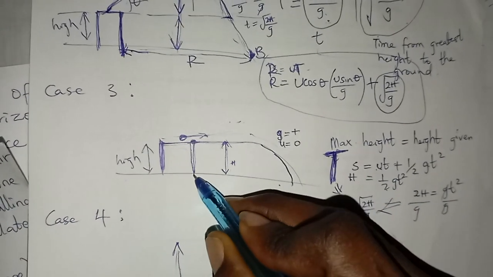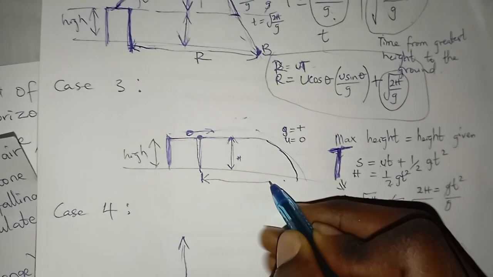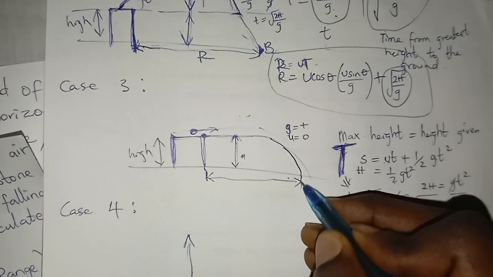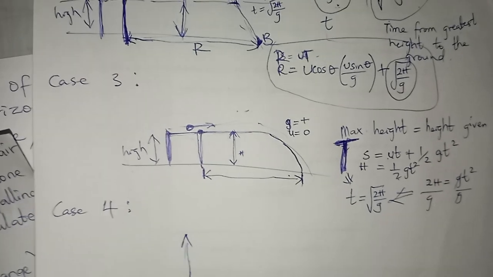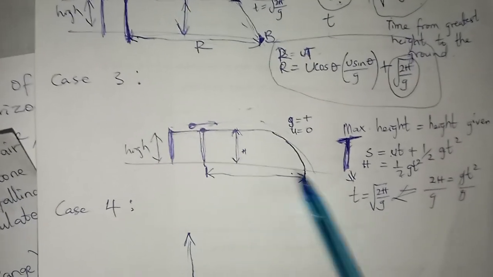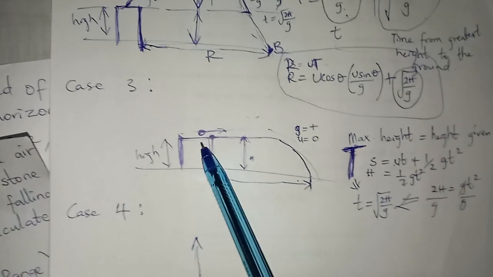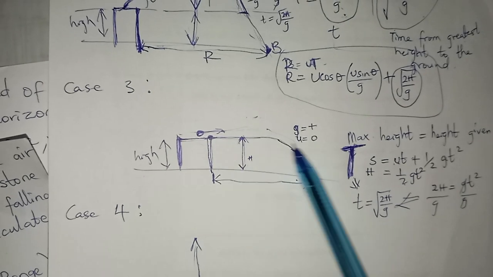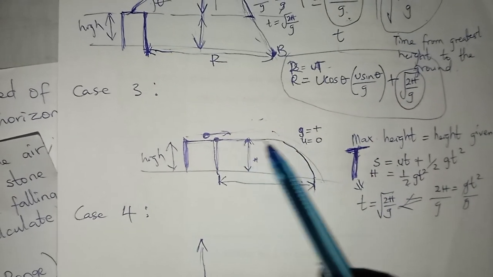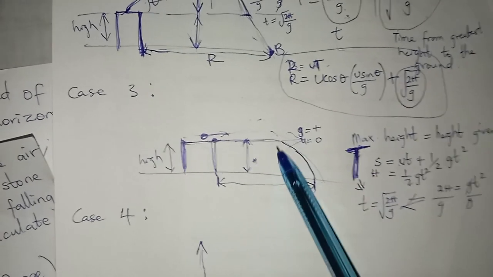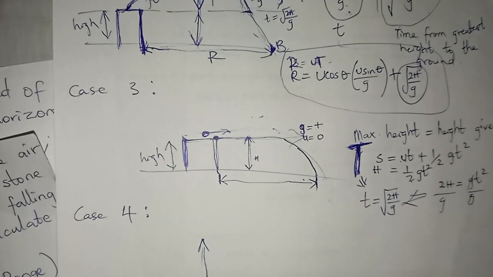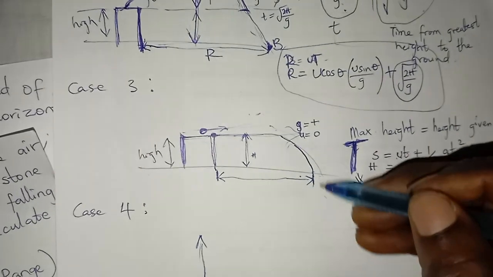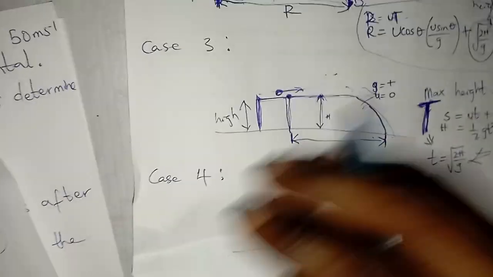Now if they ask you the range from this point to this point, remember that range is simply the total horizontal distance, and every projectile is launched with an initial velocity. There's always an initial velocity, and when it cuts down and starts coming down, the velocity changes. So once it starts coming down, you now have final velocity. That's what you're expecting, while the initial becomes 0.